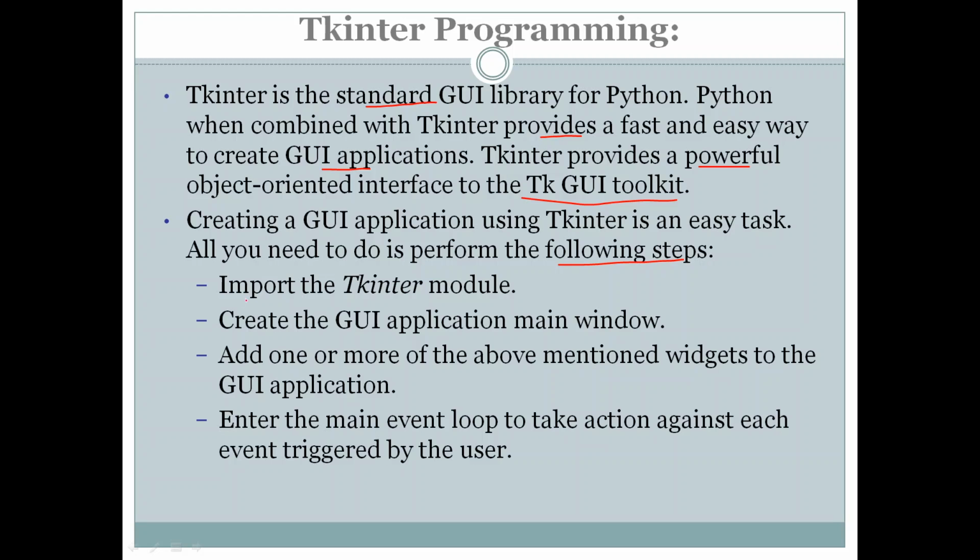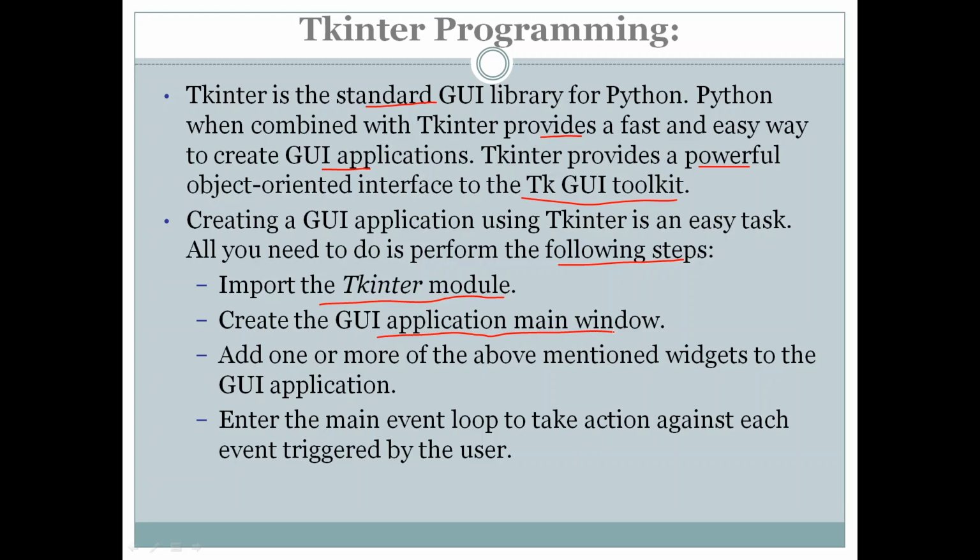First, we need to import the tkinter module, because this is the module which provides all the components required to develop a GUI program. Then create the GUI application's main window.